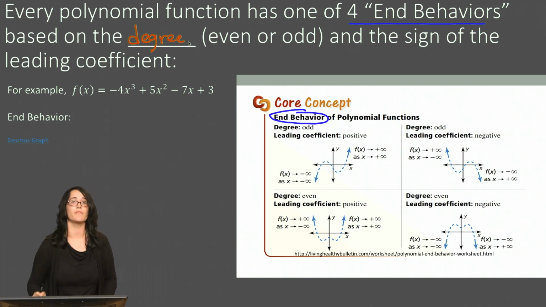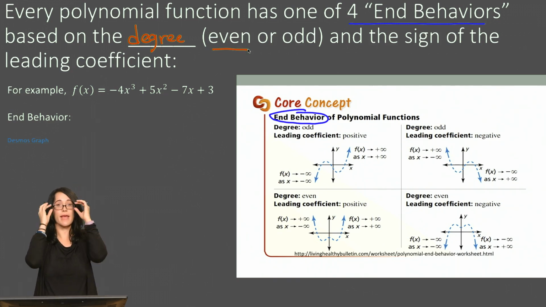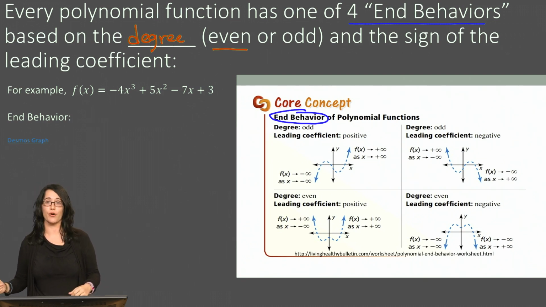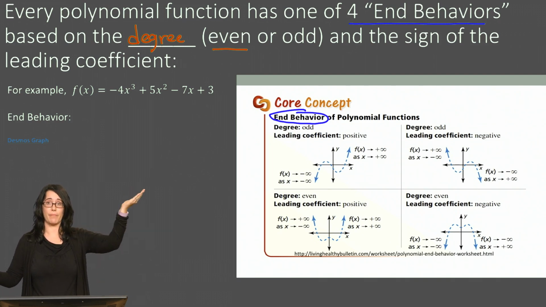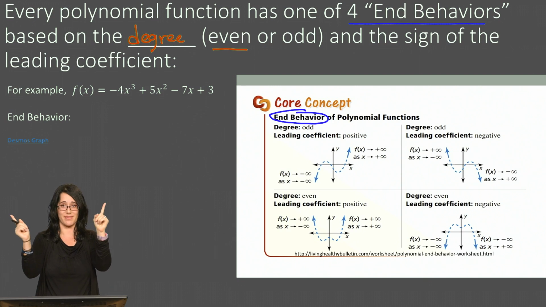If the degree of our polynomial is even, what that's telling me is that at the ends, as I go to the left forever, my graph will go up forever, and if I go to the right forever, my graph will also go up forever. So they behave the same way at the ends. They're going to go in the same direction.